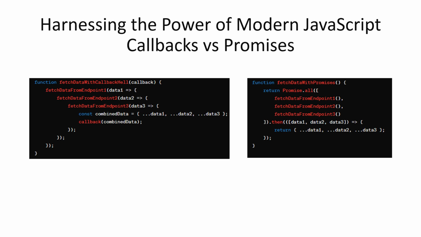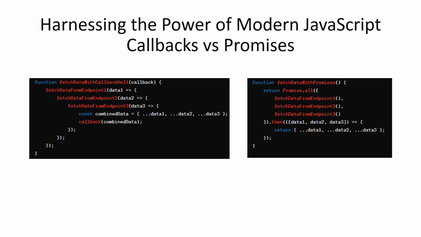Now, another feature introduced in modern JavaScript is promises and async await. This has been primarily introduced to remove a problem which had been affecting traditional JavaScript programming, commonly known as callback hell.